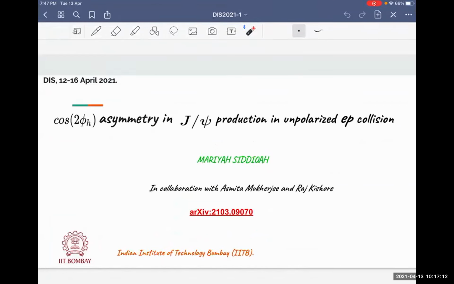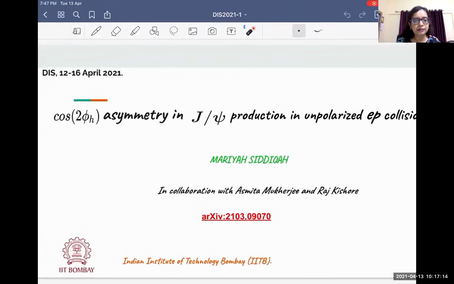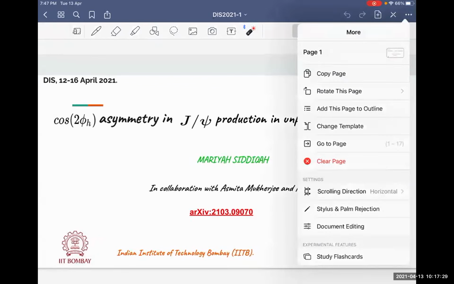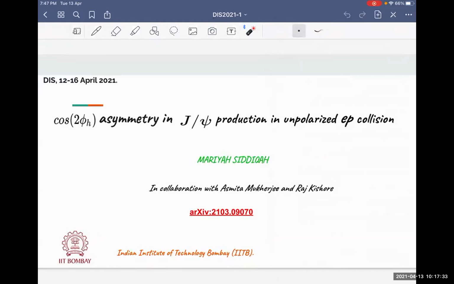No, it is going out of the screen. Even right now, the lower part is not visible. Okay. Yeah, now it is perfect.